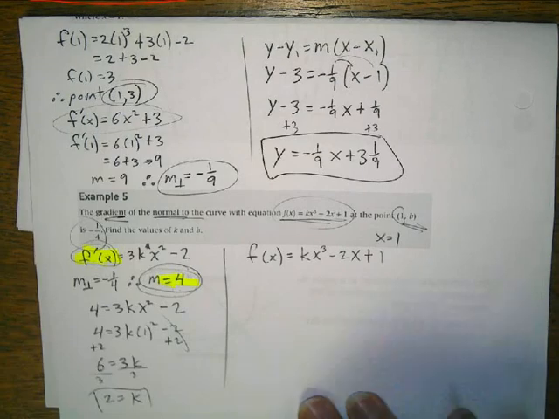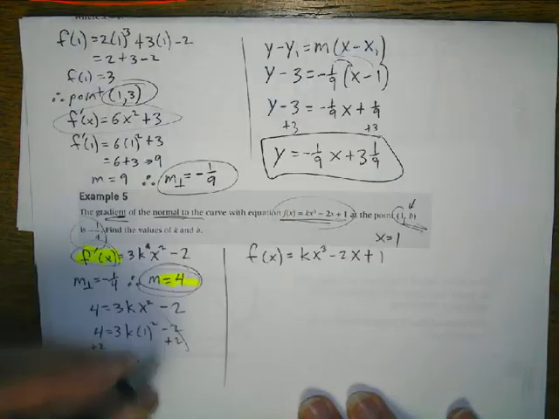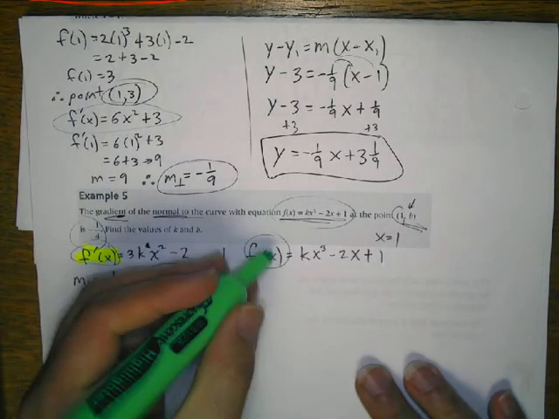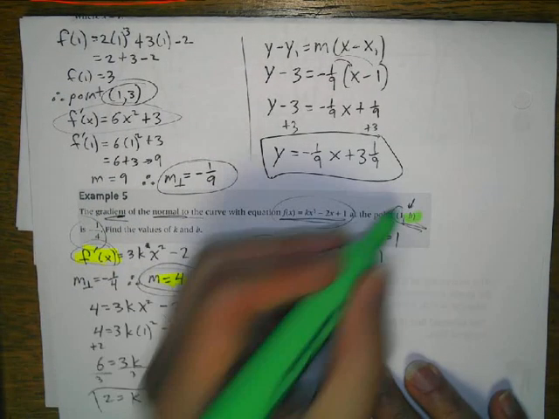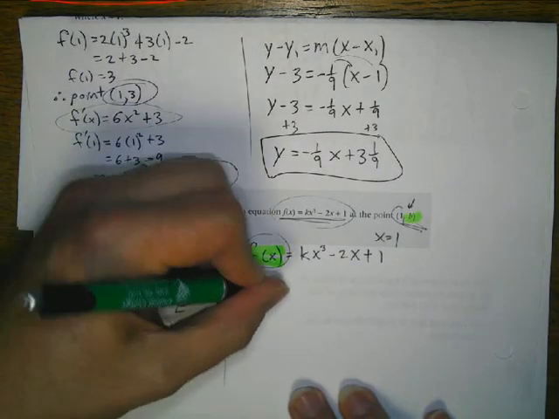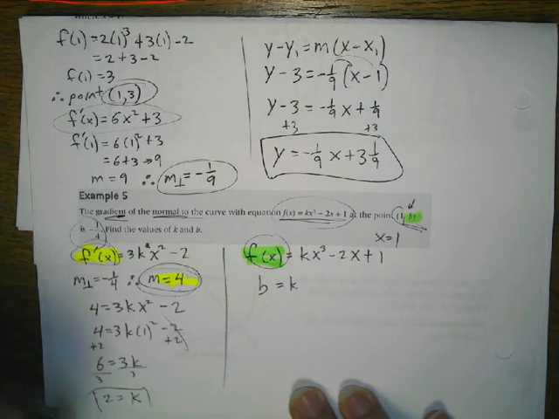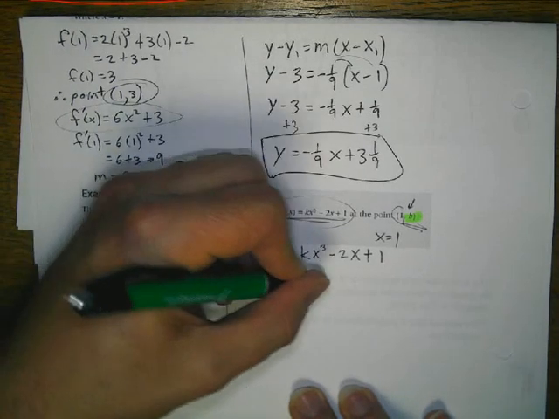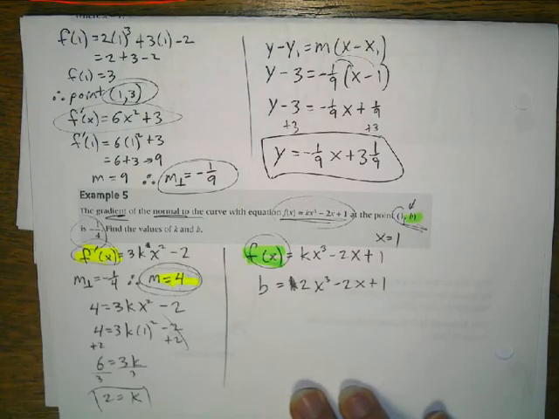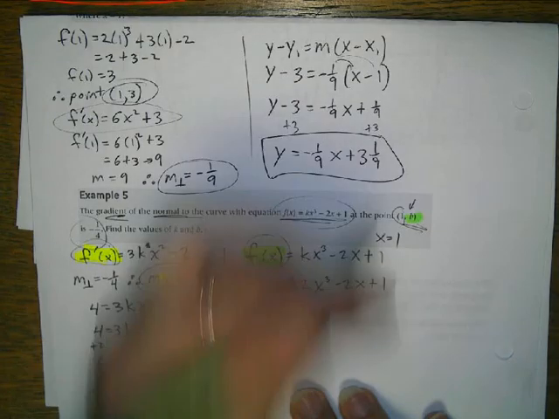And we want to find b. So b is the y value. I'm going to replace this here with b. So then I've got b equals k. Oh, we already know k is 2, and we already know x is 1.